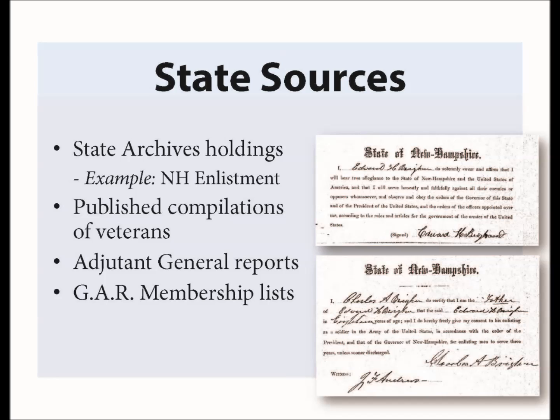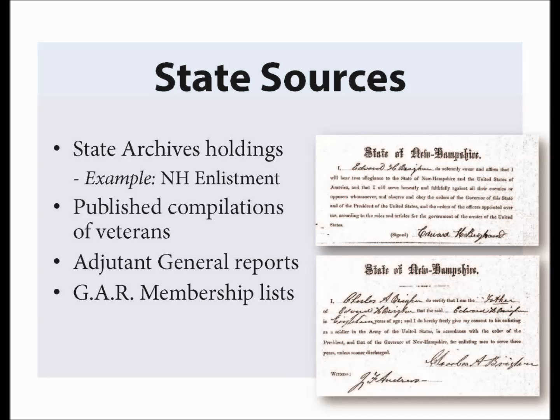Now, maybe there's not a great detailed set for your state, but no doubt the Adjutant General of your state did have annual reports in 1861 through 1865. Also look at 1866, which may indicate Civil War service by regiment, company, and soldier, and also a listing of those involved in the Navy.